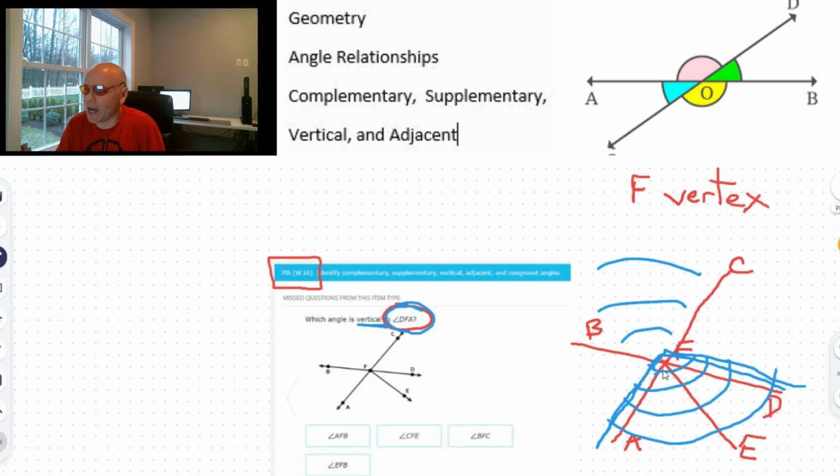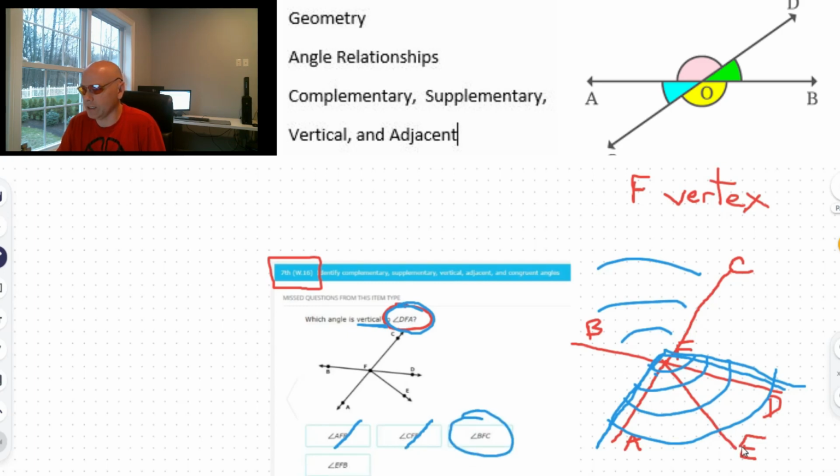It does not open opposites. CFE. CFE, no way. That could not be right. What does that have to do with the vertical angles? BFC. BFC. Aha, that's looking like the winner, but we have to examine all choices.